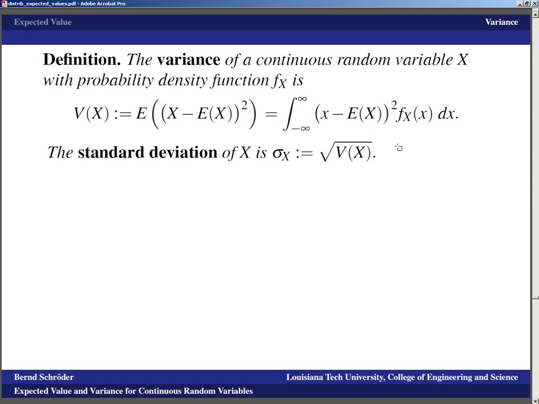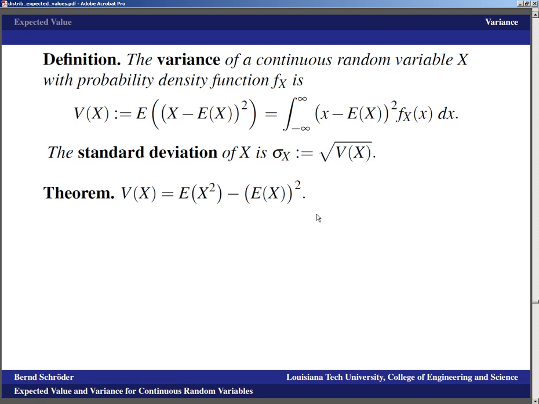And if we ever want to rescale back to the scale on which the outputs of the random variable live, we would just take the standard deviation, which is the square root of the variance. So it's not ideal, but it is the kind of thing that has become very customary for hundreds of years now, and it works. It builds a good theory.